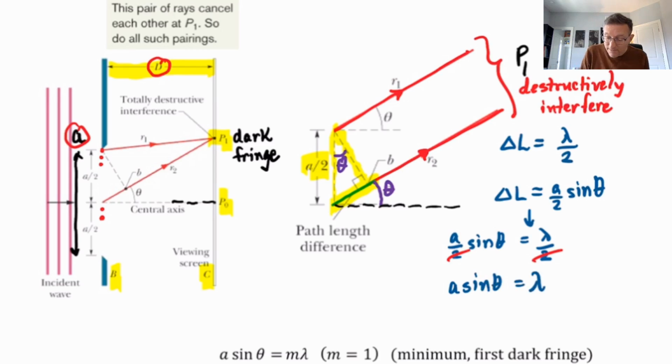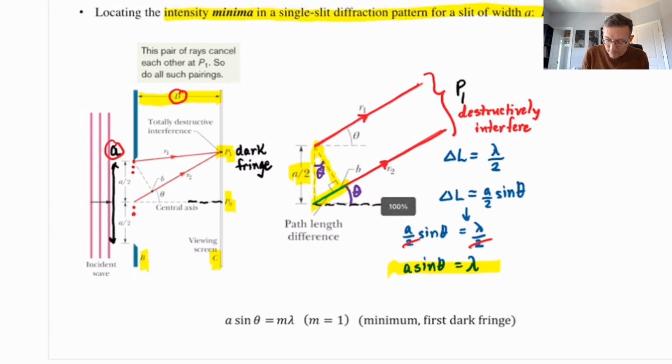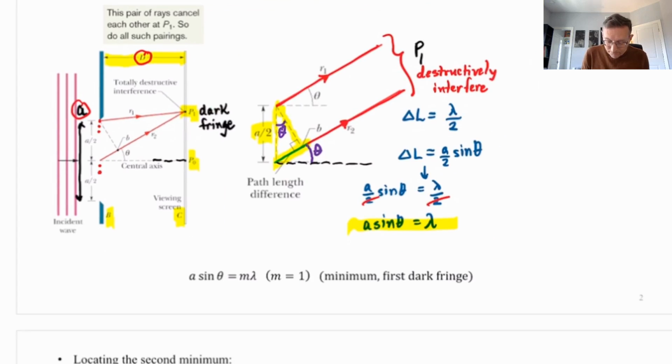And that turns out to be the condition for locating the first side minimum on either side of P0. Okay? So I'll write that formula, bring that down a little bit, right below here. A sine theta must equal m times lambda, where m is an integer equal to 1. And so we have our first dark fringe.